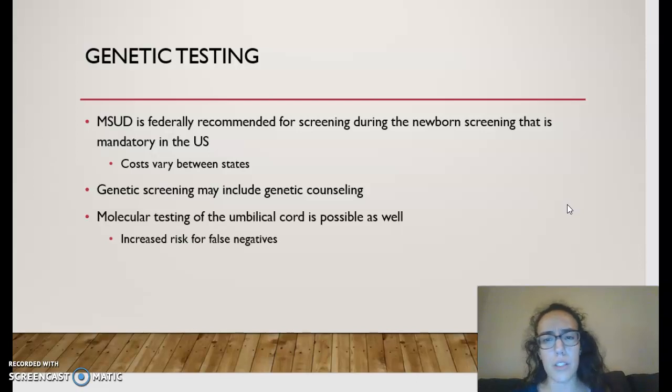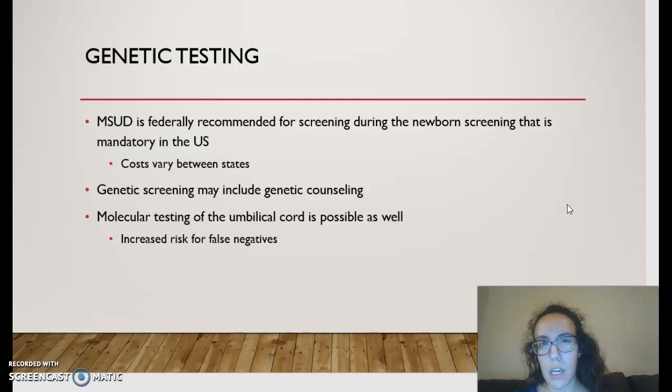Because of that, you want to be sure that your newborn is tested about 12 hours after birth, but not too soon and not too late. Normally, those screening tests come back within the first week, which is more than enough time to have proper intervention.